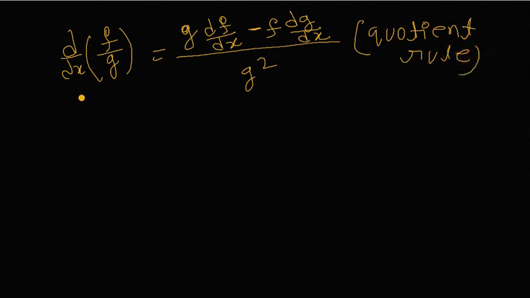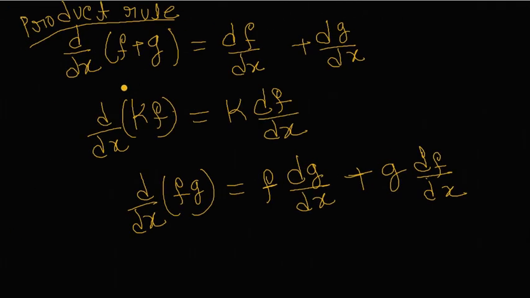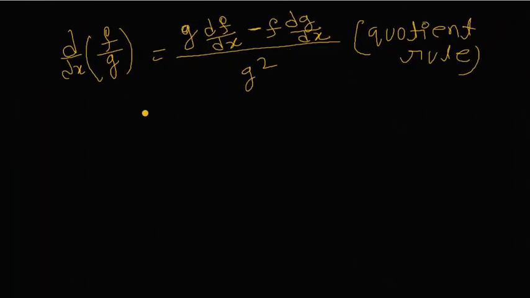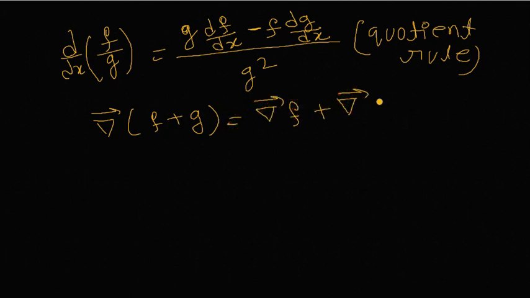This similar relation holds for vector derivatives. So these rules of derivatives for normal calculus hold the same for vectors. So if we take the del operator, that means del of f plus g, that will be del of f plus del of g.